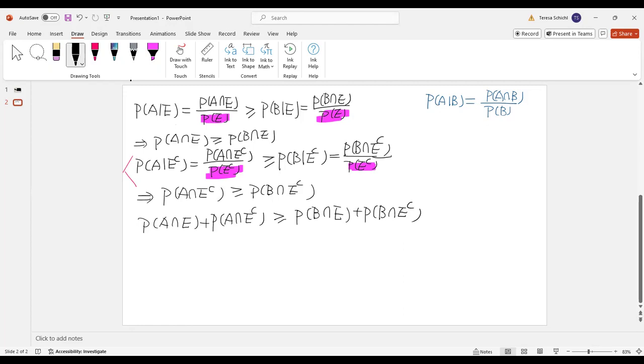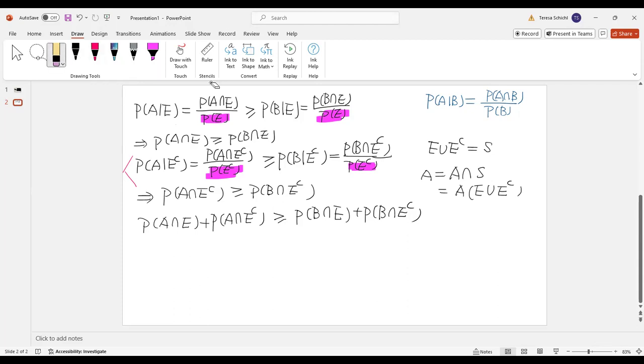Now, if you union E and E complement, it will be the whole sample space. Anything intersect the sample space is itself, so you can write A as A intersect (E union E complement).